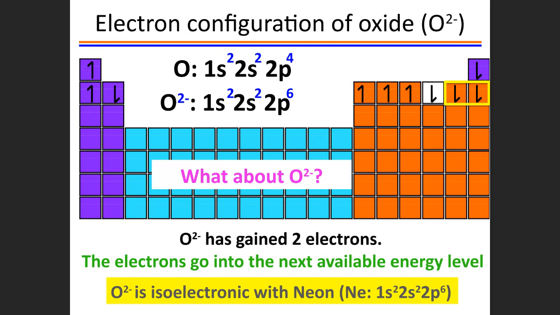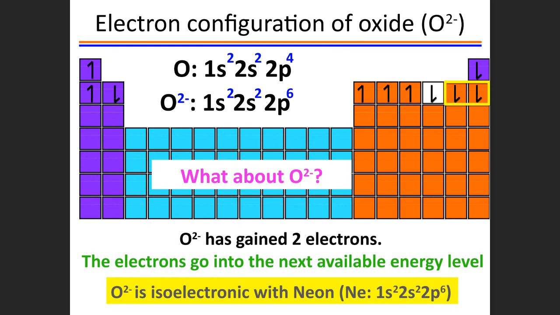What about the O2 minus? O2 minus has gained 2 electrons. As I said, every atom wants to be stable in the final shell, and to get stability, you have to have 8 electrons. This is the reason that oxygen needs to gain 2 electrons from some other things.